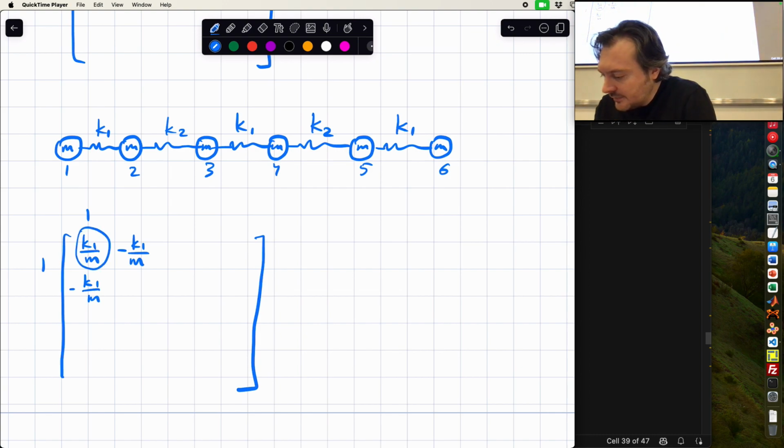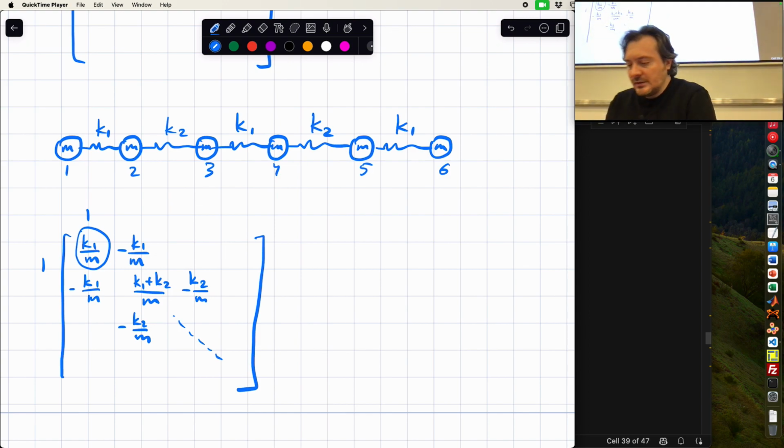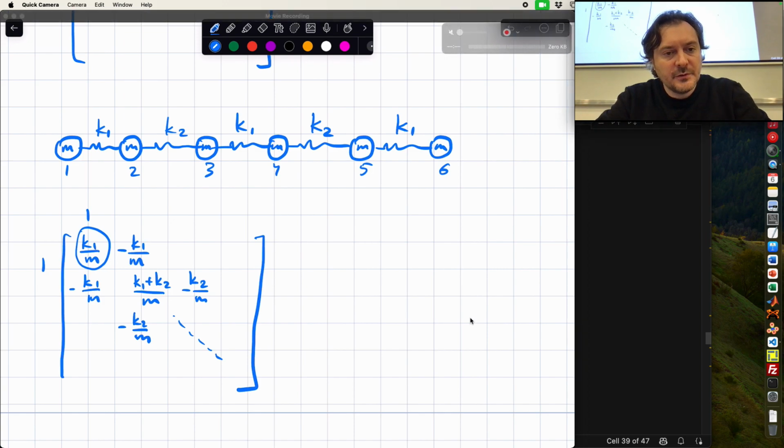But the second one interacts with both first one and third one, so it will have K1 plus K2 over M here, and we will have K2 over M here, minus K2 over M here. And it will go on like that until you reach the end. So does it make sense to you? Yeah. To everyone? Yes?